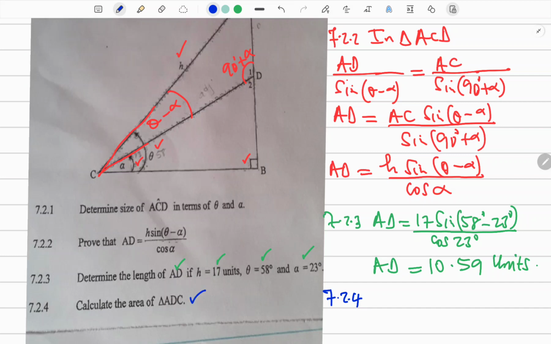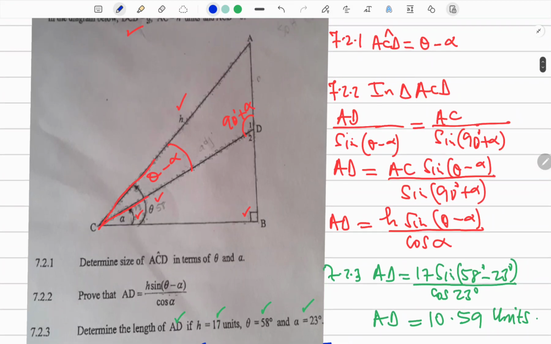In 7.2.4, you need to find the area of triangle ADC, so this is A, this is D and this is C. You already know the length of AD, which is 10.59 units, and you already know the length of H, which is 17 units.